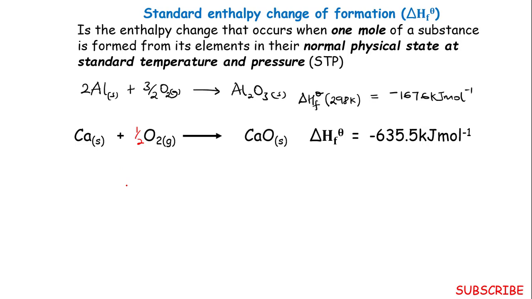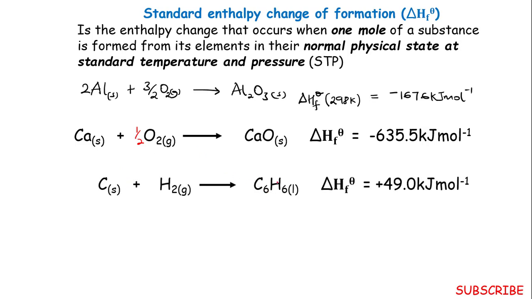So lastly, we can have a look at formation of benzene, the enthalpy change that may occur when we are forming benzene from carbon and hydrogen. So our carbon in this case, maybe it's graphite and it's a solid at room temperature and pressure. And we have 1 mole of benzene that has to be formed, but from hydrogen.